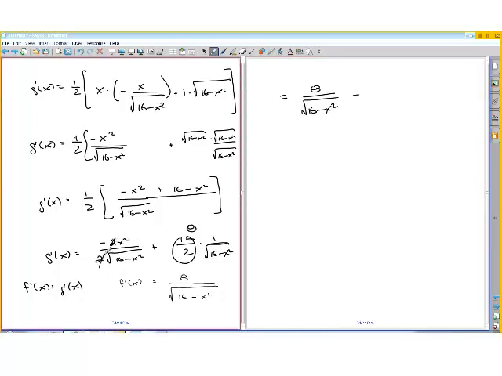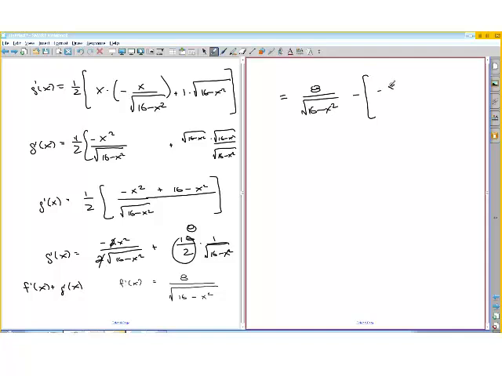So we subtract what we have here. These two cancel out. So we're going to subtract negative x squared divided by the square root of 16 minus x squared. And then we have plus 8 divided by the square root of 16 minus x squared.